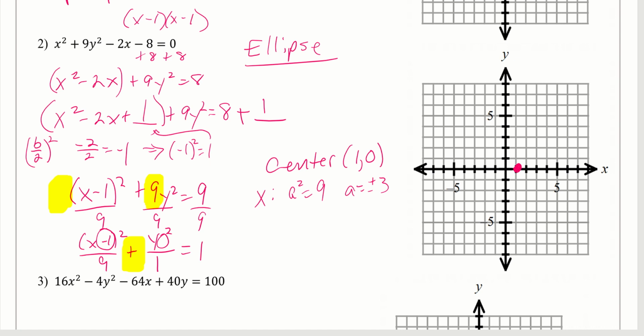All right, so that tells me that in the x direction, I'm going to go out 3. 1, 2, 3. Do a positive 3, and then go to the left 3 as well. Now, the reason I left this 1 in the denominator under the y is it just helps me see it a little bit better. So my b value is going to be plus or minus 1. So I'm going to go up 1 and go down 1.